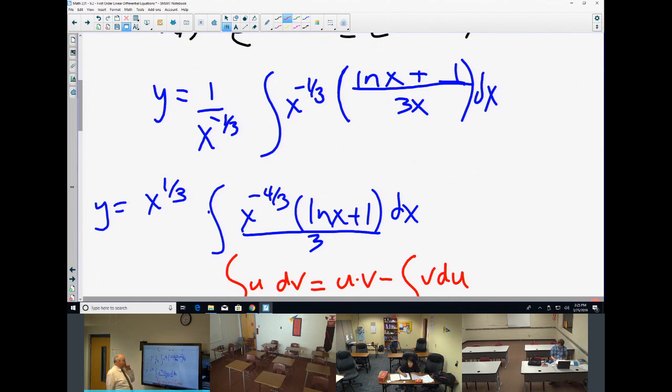So let's see. How did I get that to be 4/3? Oh, okay, I'm simplifying. I was like, what happened there? So this is x to the 1/3. Here, let's write this to the side here. So if I have x to the negative 1/3 divided by x, okay, so this x right here. Then I subtract negative 1/3 minus 1, so that gives me x to the negative 4/3.